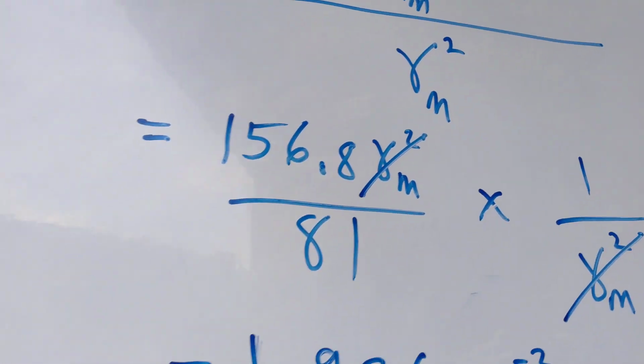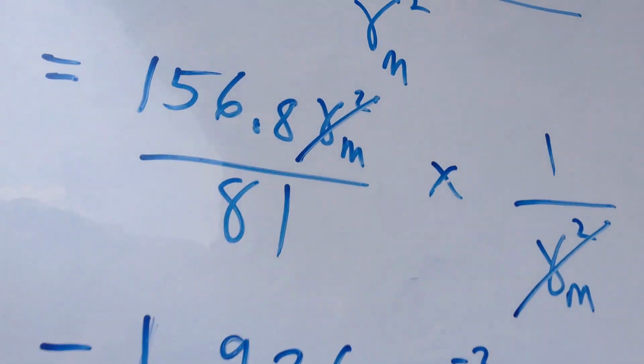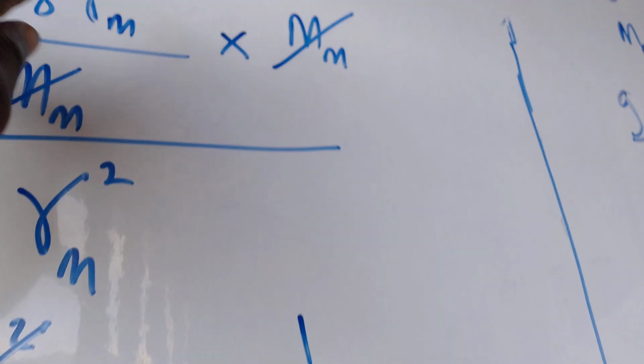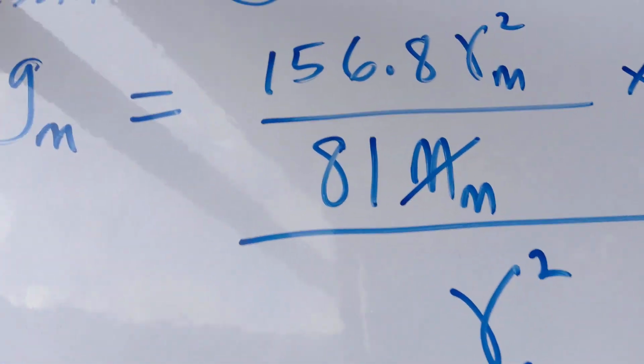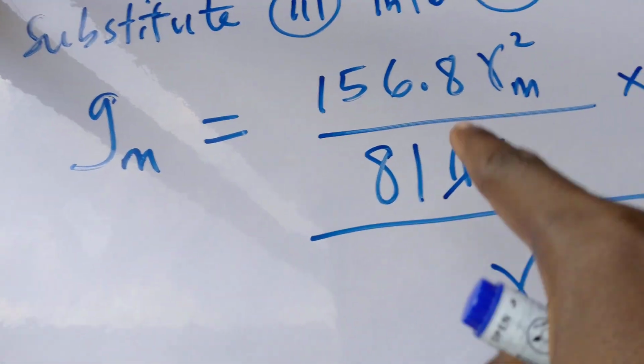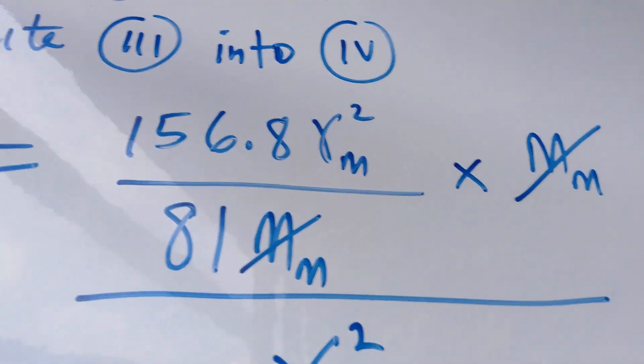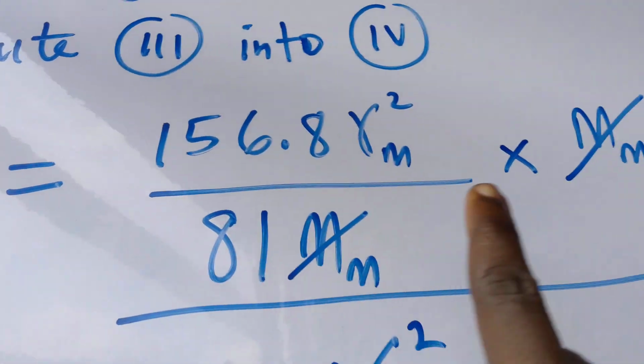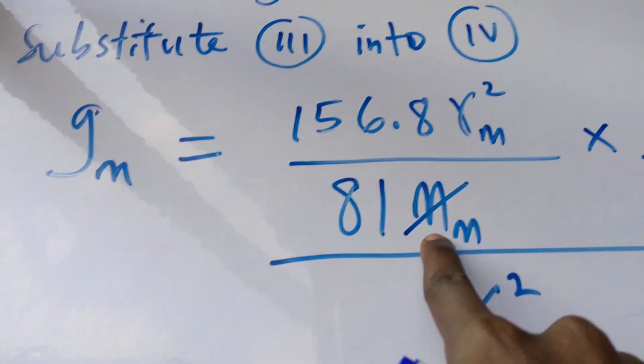And we also obtained from this formula, we saw how we made the gravitational constant subject of formula, and we input the value inside there. Then when we multiplied it with the mass of the moon over here, you see that the mass of the moon will eliminate this mass of the moon here.